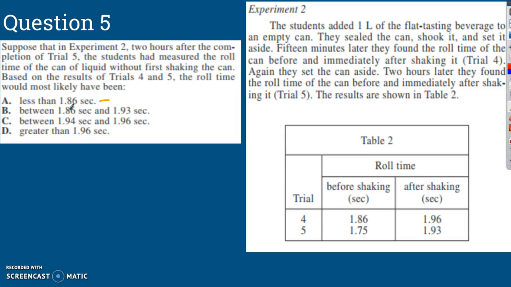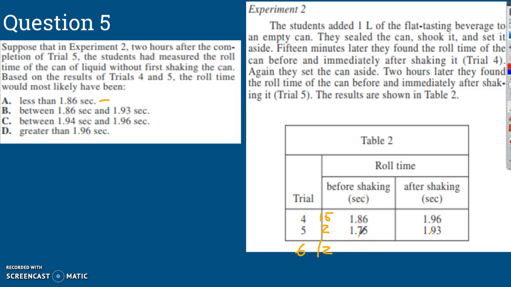Well, this was 15 minutes, and this was 2 hours, and we're looking at 2 hours after that, trial 6, we'll say. And so this was 1.86 to 1.96. This was less there, considerably less, to 1.93. And then if we're doing it before shaking, this got smaller. So we're probably less than 1.86.